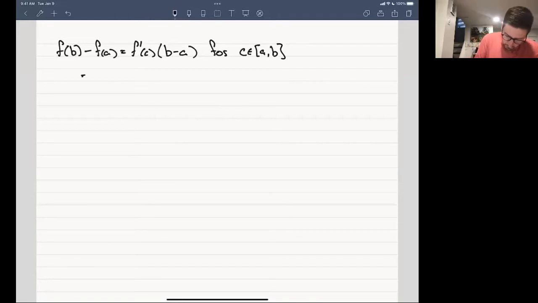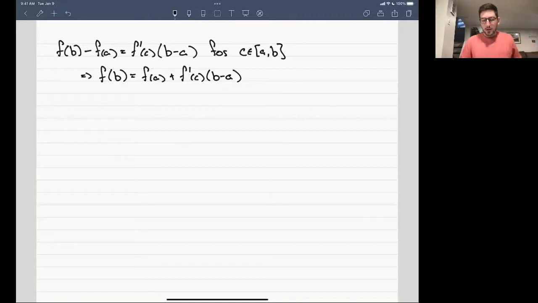Now, what I also want to do is rearrange this. I want to say f of b is equal to f of a plus the derivative of f at some point in between times b minus a. And the reason I wanted to do this is because this kind of looks like a Taylor series. Why do I say that?